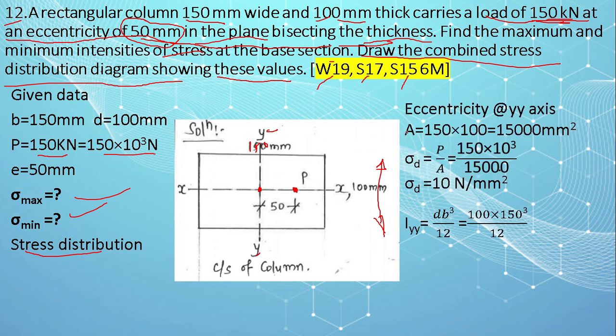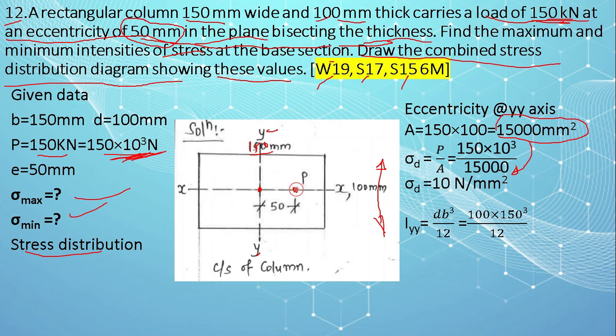Now we know the formula of area. This width multiplied by this depth is equal to 15,000 mm square, and the formula for direct stress is load divided by area. Load is 150 into 10 raised to 3, and area is 15,000. Therefore sigma D, direct stress, is equal to 10 Newton per mm square.